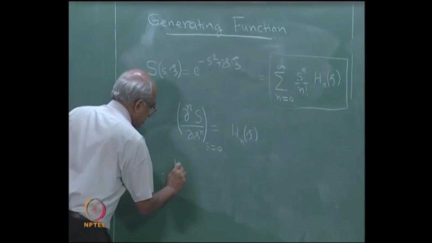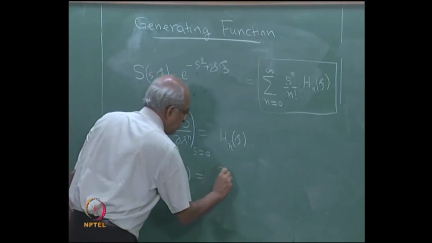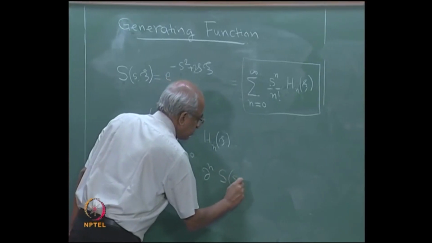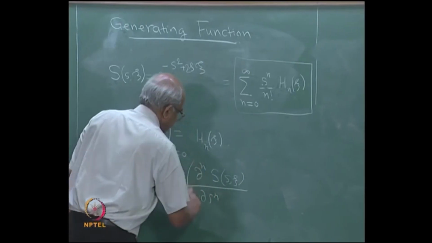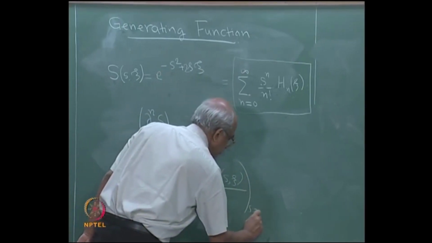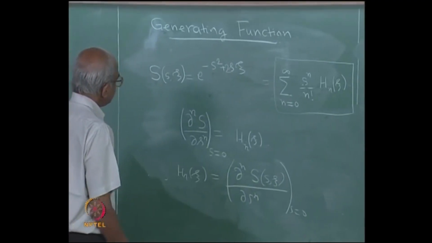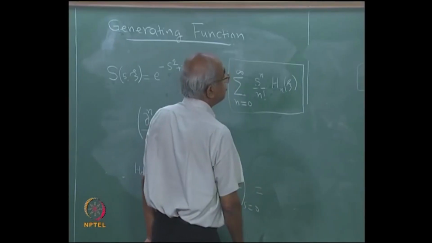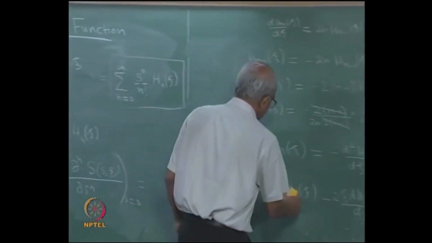So, I can say that Hn of c is equal to dou to the power of n by dou s to the power of n, with s equal to 0. And that is equal to, well, I do not need these things anymore.